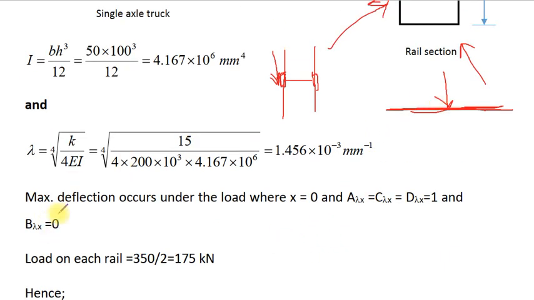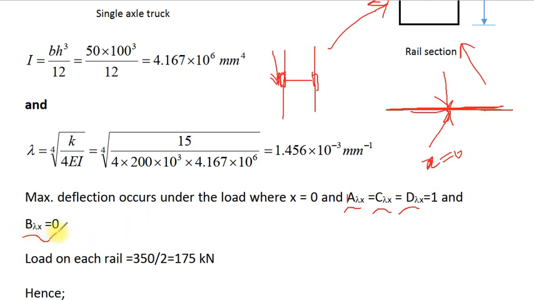If we want to compute the maximum deflection, we have to use the equation of deflection for points directly under the concentrated load. Under the concentrated load, x will be equal to 0. So when we compute the factors A lambda x, C lambda x, D lambda x, all of these factors will be equal to 1.